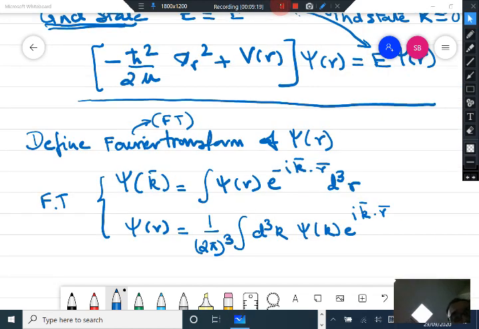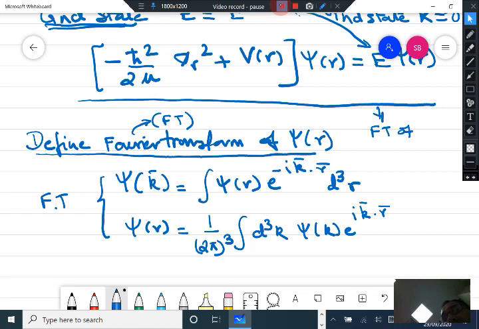Now, to solve the above Schrodinger's equation, there are various ways of solving it. One of the ways is that we do a Fourier transform of the Schrodinger's equation, written out in the relative coordinate.